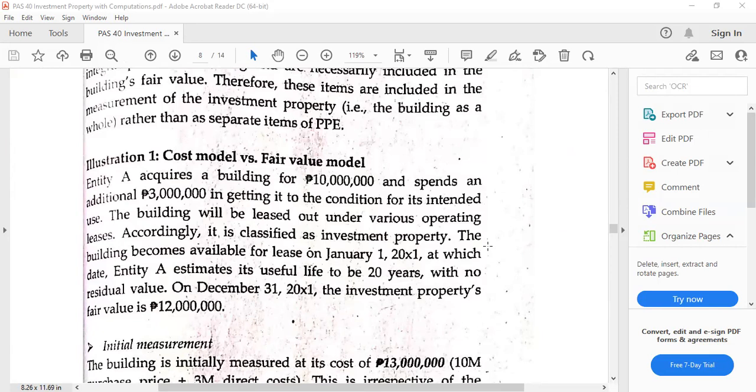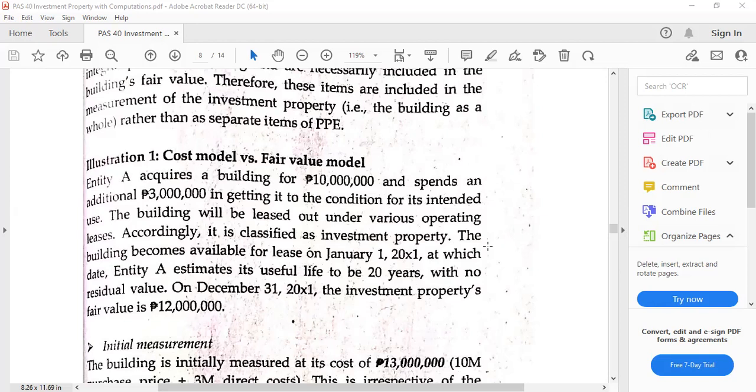But for the subsequent recognition, then we are going to analyze, should we use cost model or fair value model? Should we use cost model, we can still, of course, move to fair value model the next time. But if we are using fair value model, then we can no longer get back to cost model.